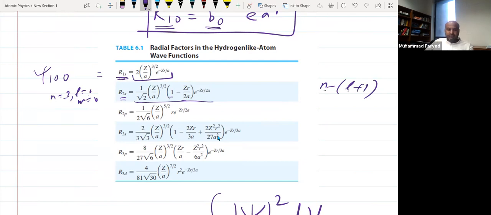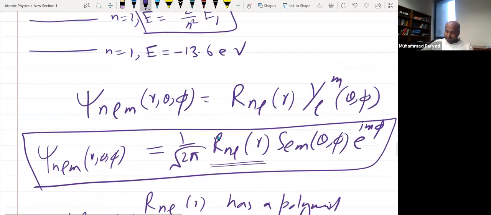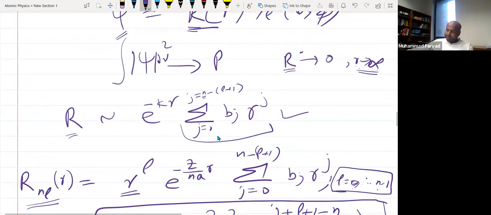So this is a polynomial of degree 1. For 2p, n is 2 and l is 1. The r here is not coming from the polynomial, it's coming from here: r to the power 1.